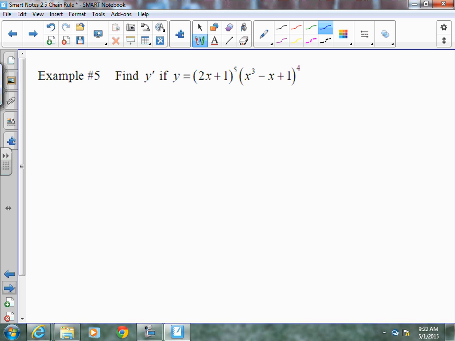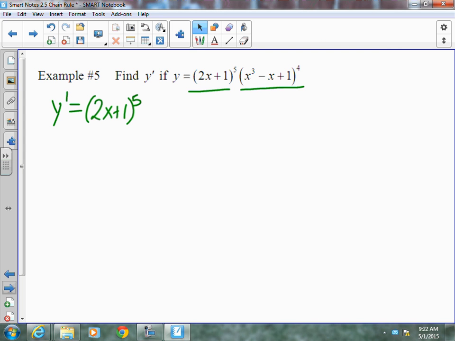Finally, this one's a little tricky. I'm going to get you rolling and let you finish it on your own. So, y prime, we're going to need the product rule, but for each of those derivatives, we're going to need the chain rule. So, product rule tells us it's the first, so keep the first one unchanged, times the second.